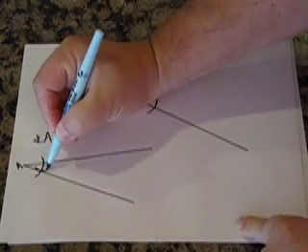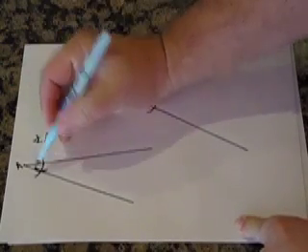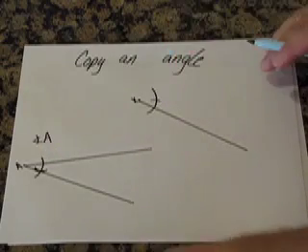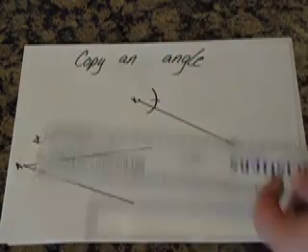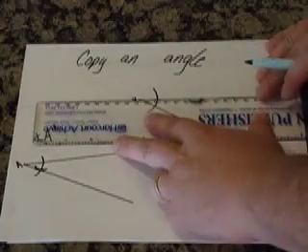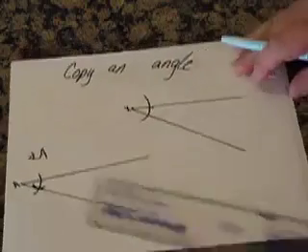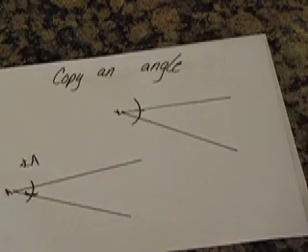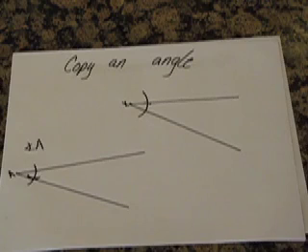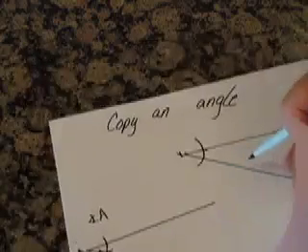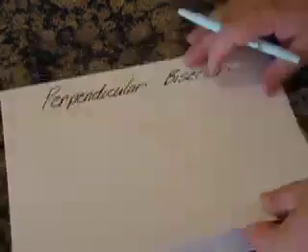I made this mark right here, which measured across, came over here and I measured across, and where those two distances cross is my equal angle. And as you can see, those two angles look pretty much the same size. Alright, copy an angle. Now watch this again if you need to see how it works again.